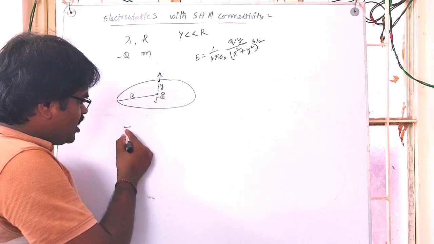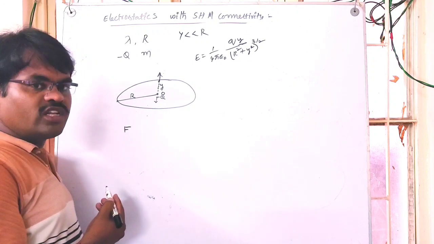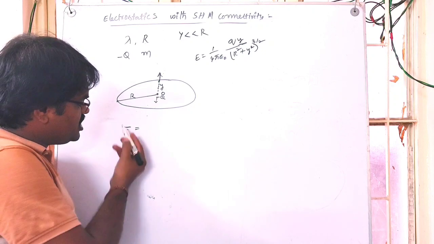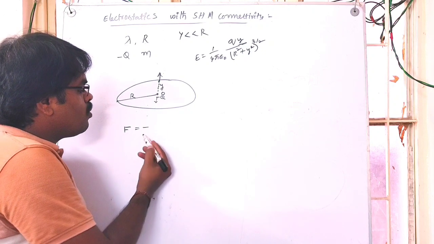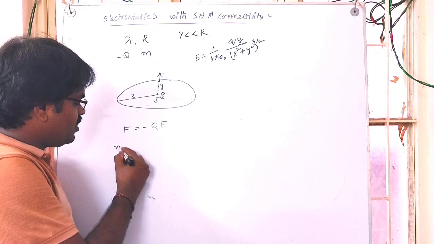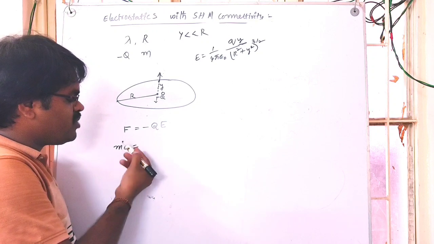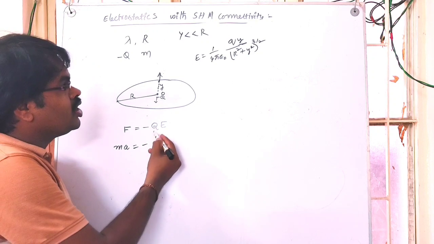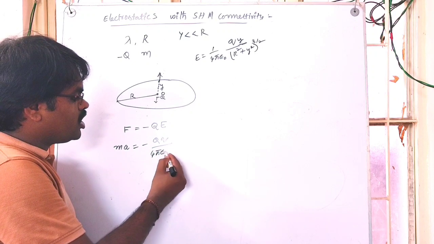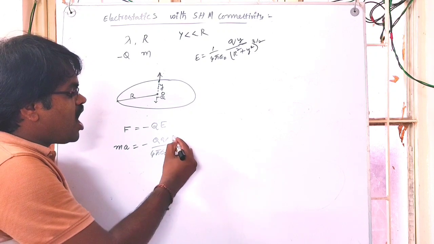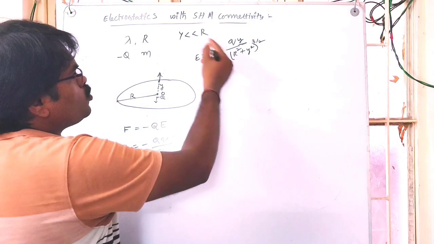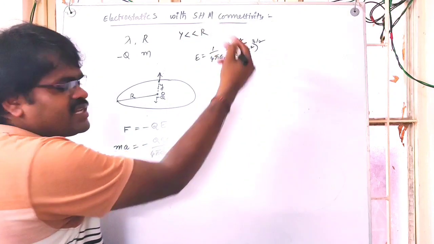That means the restoring force acting on the minus q charge is F is equal to minus q into E. Then according to Newton's law, ma is equal to minus q by 4 pi epsilon naught into y by, here y is very small, so y square is neglected.